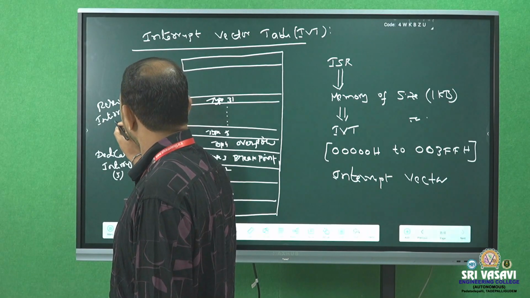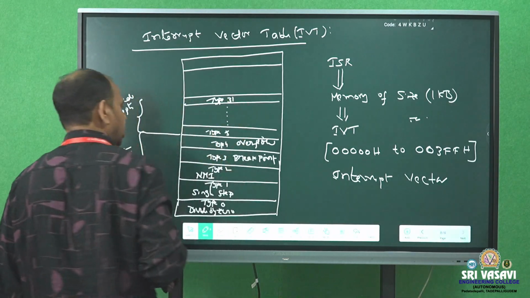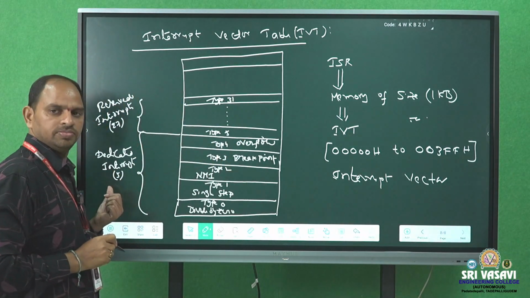Reserved interrupts equal 27. So type 5 to type 31, those are the reserved interrupts.